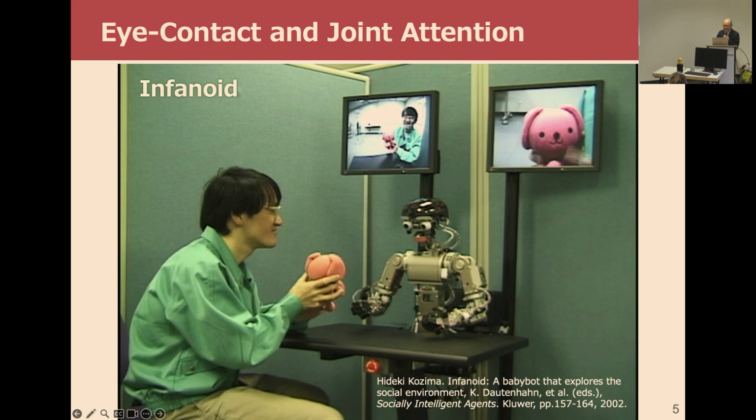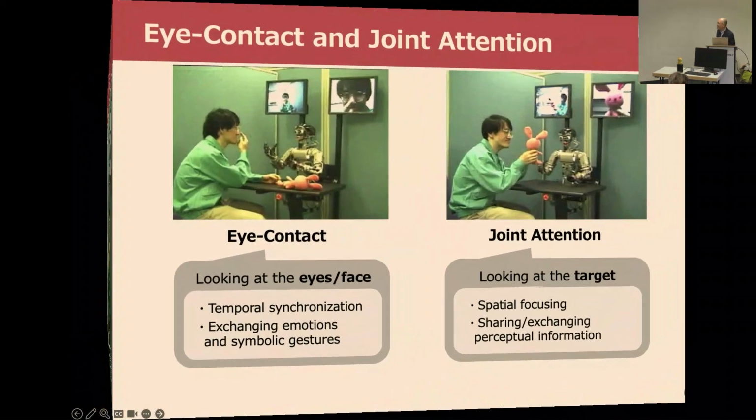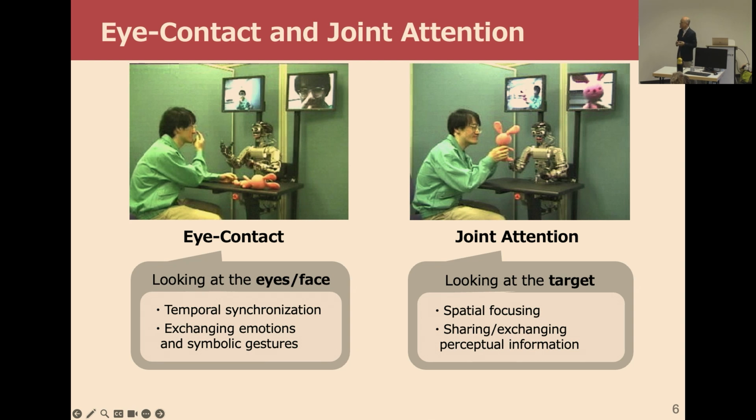I'm really interested in social capability. As I told you, I believe eye contact and joint attention play indispensable roles in language acquisition and further social development. As you probably know, eye contact is the act of looking at your partner's eyes or face. It gives temporal synchronization to the interaction and enables both interactants to exchange emotional or attentive states.